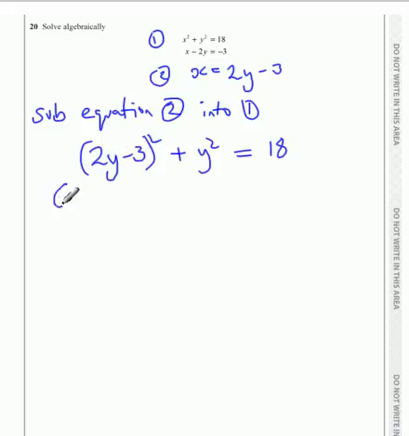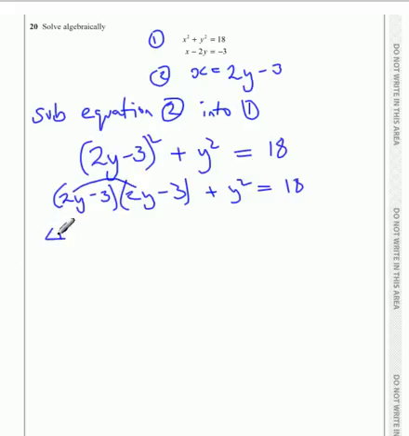Expanding this out, it'll be useful to write it as a double bracket and then expand it using one of our methods. We've got 2y times 2y is 4y squared, and then minus 3 times minus 3 is plus 9. 2y times minus 3 is minus 6y, and then minus 3 times 2y is again minus 6y.